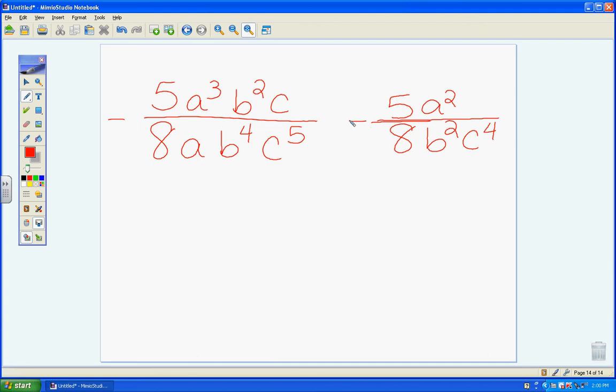You just have to stick the negative back in front. Okay. You can't reduce it. Don't divide 5 and 8 and come up with a decimal. We want a fraction. You can't reduce it. Leave it alone.